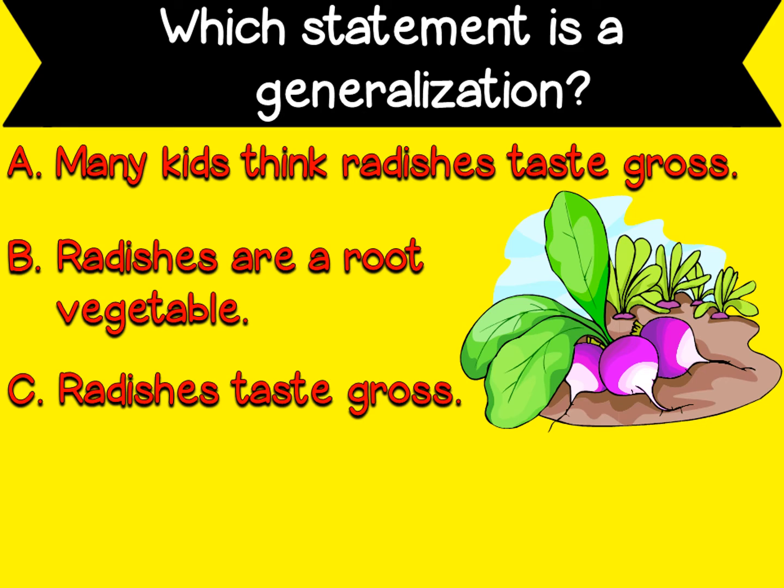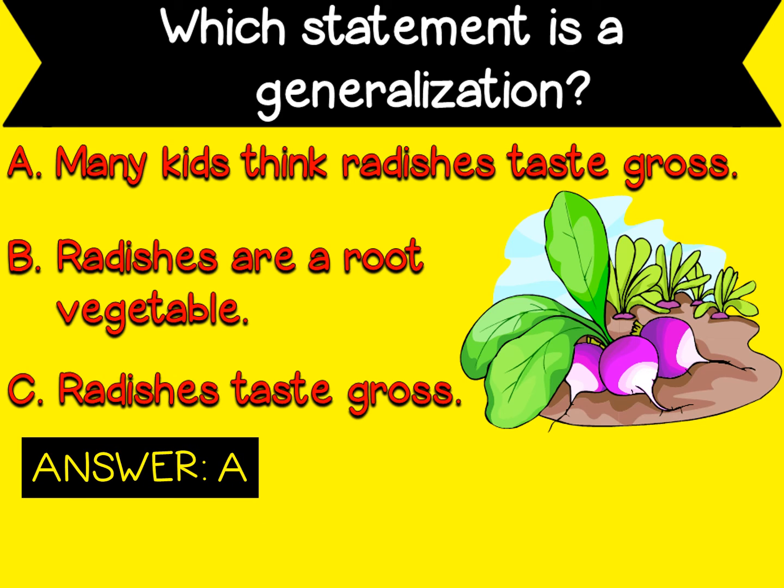Which one is a generalization? A, many kids think radishes taste gross. B, radishes are a root vegetable. C, radishes taste gross. Which one? A. Very good.